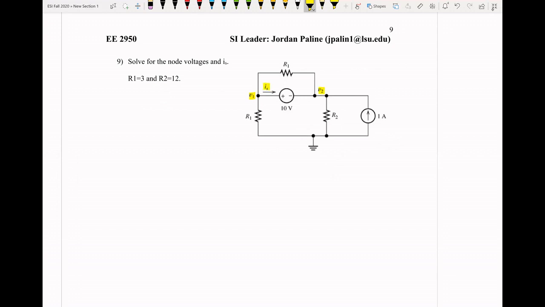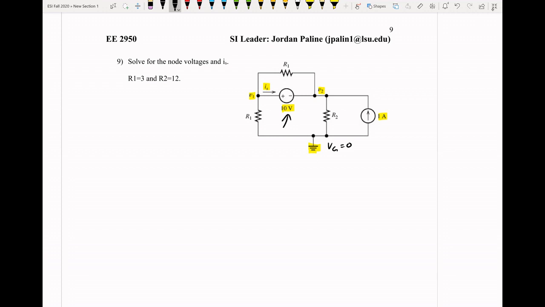You'll notice they give us a few things here, such as a voltage source and then a current source. They also provide a ground for us, so that'll equal 0. But on this branch, there's only a voltage source.